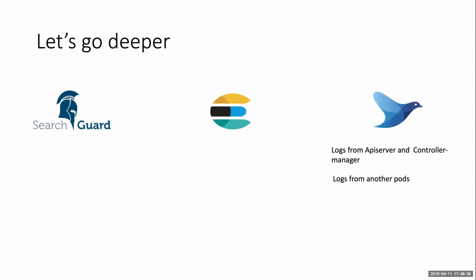For example, we will expose the logs from the API server and control manager. After that, in Elasticsearch, we will create two indices, log/user and log/admin. And we will forward the logs from the API server and control manager to log/user and logs from another pod to log/admin.